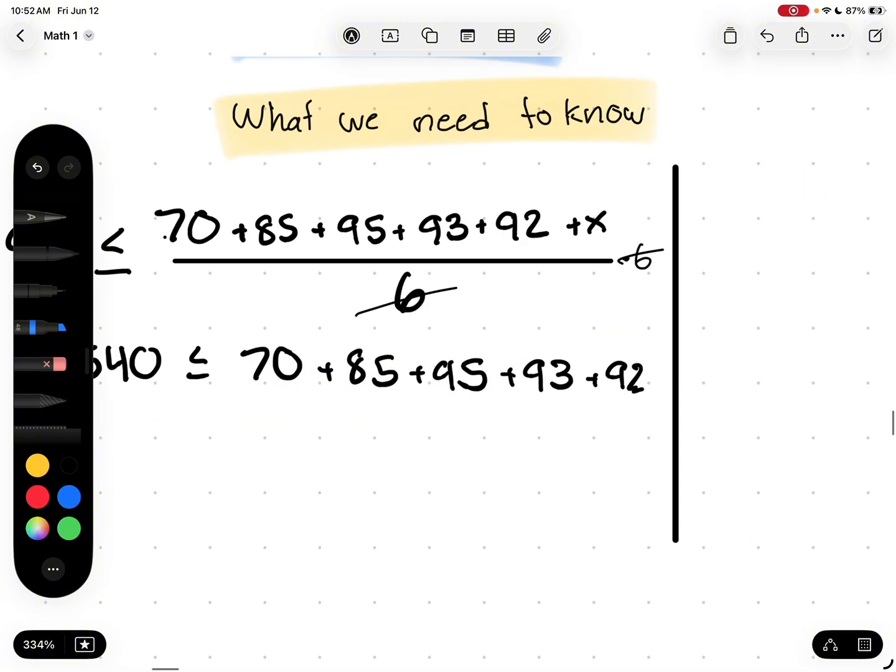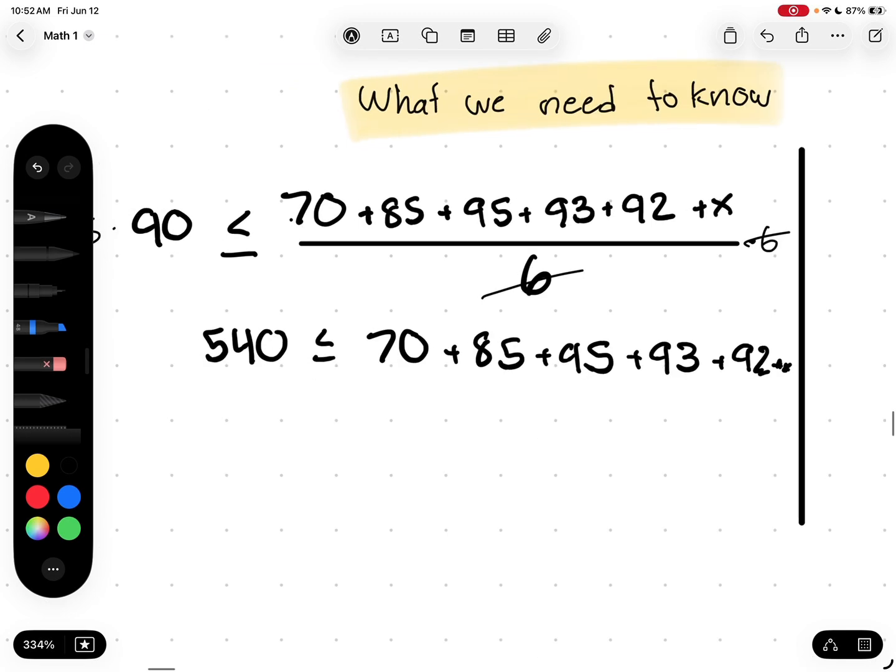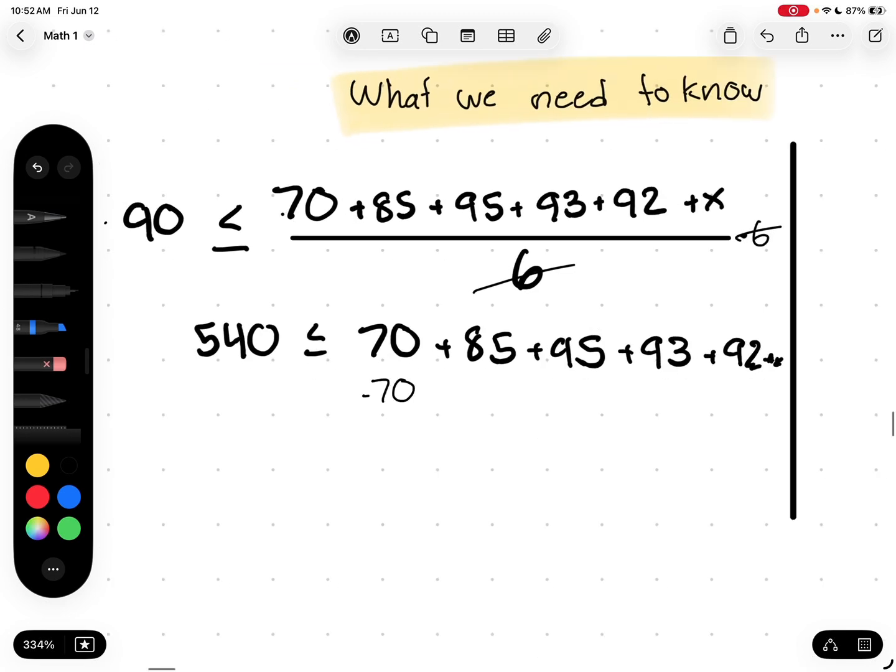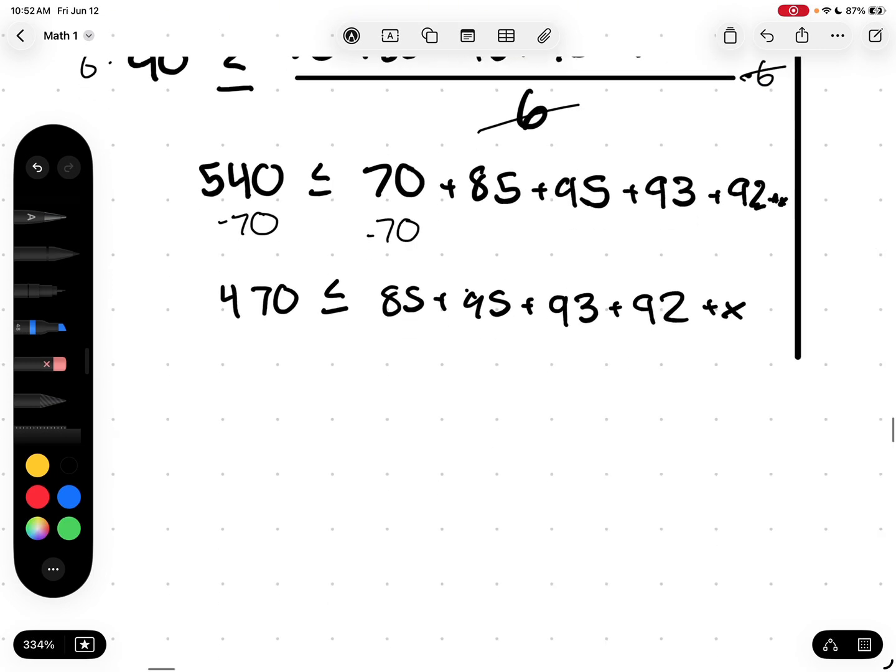And I'm just going to tack on an x here. So we'll subtract 70 first, leaving us with 470. And we will just go on and on. I'm going to cut this out so that you won't have to see this and it's not as time consuming.